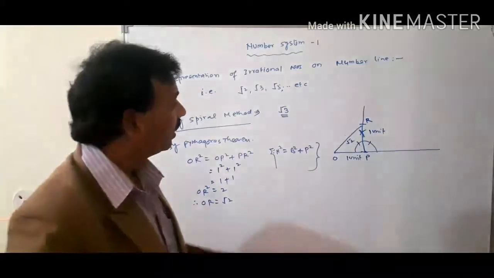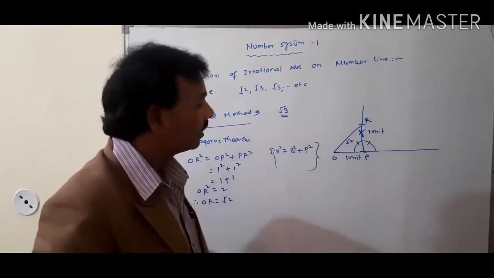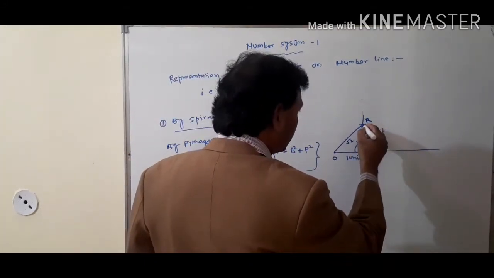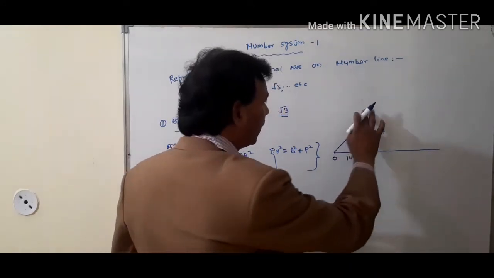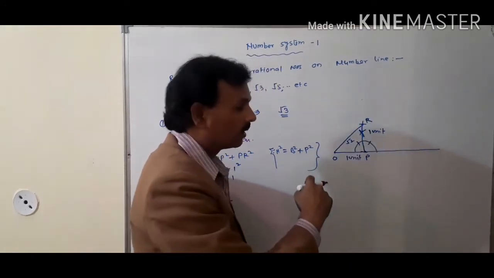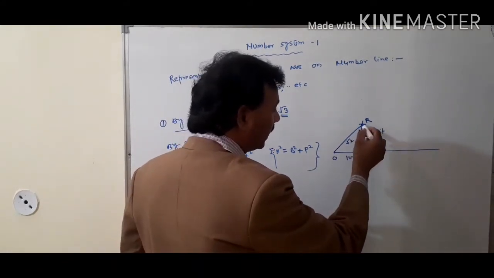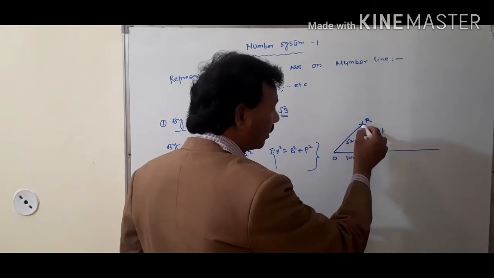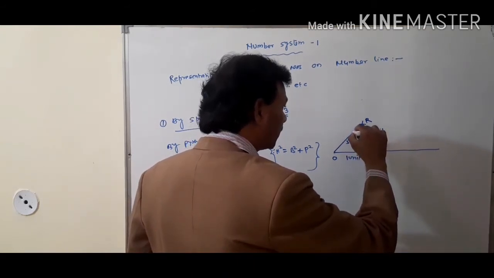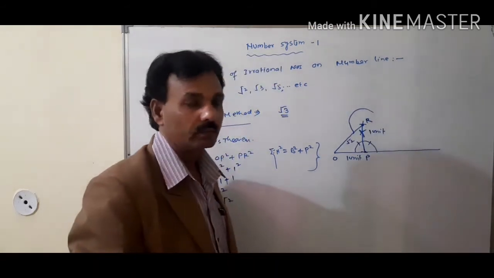Now we want to find the length of root under 3. So again at point R, we should make a right angle with the line OR. With your compass, take any radius and at point R cut an arc like this, that means a semicircle.